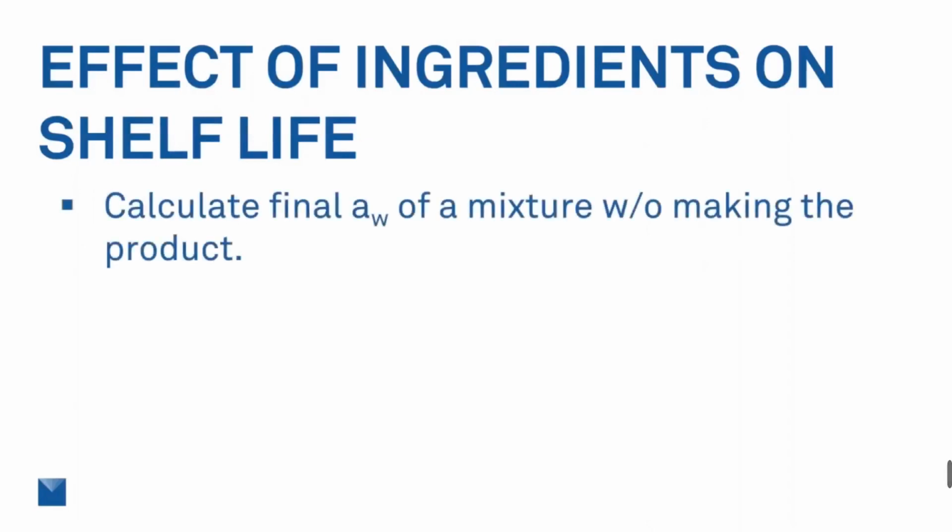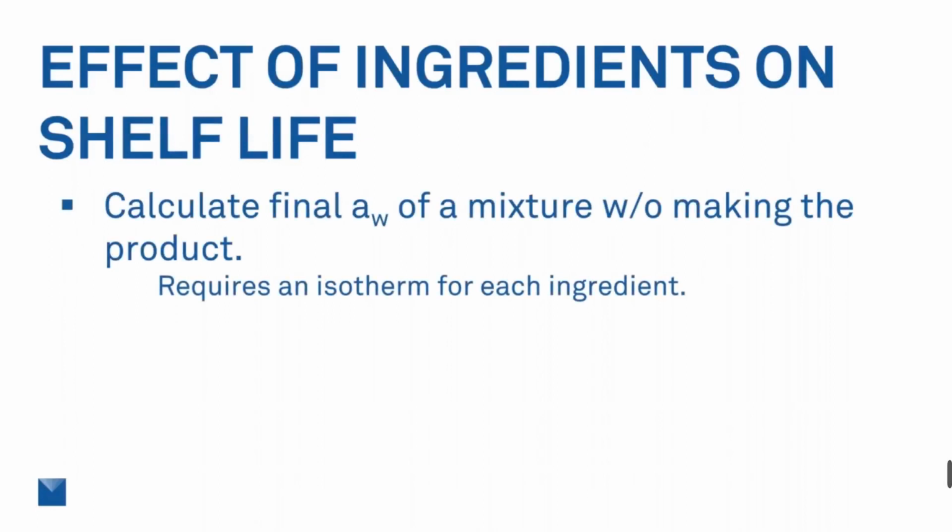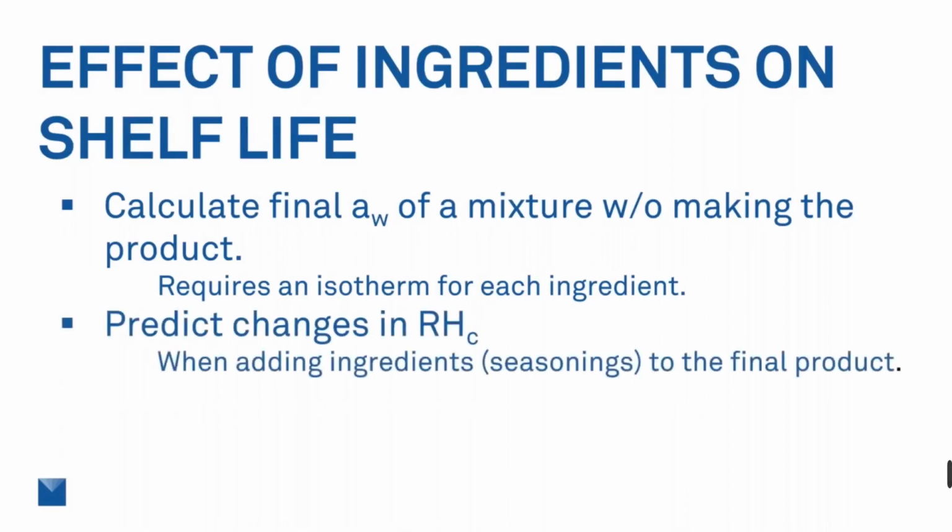So for this, you can calculate the final water activity of a mixture or a recipe without even making the product. But this requires an isotherm for each of your ingredients. For today's example, we're going to talk about adding ingredients and how they are going to change the critical water activity for your product.